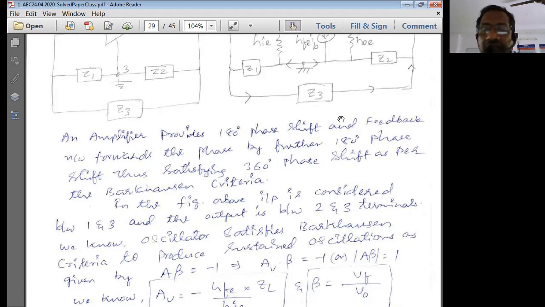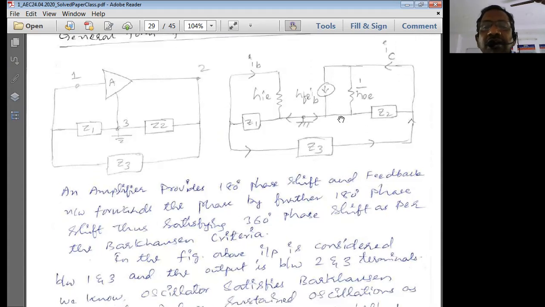So whenever we use CE, what is the thing we should keep in mind? The CE amplifier is always going to invert the input signal. That means it provides 180 degrees phase shift. If you apply input at 0 degrees, we get output at 180 degrees. That is the phase shift provided by the amplifier circuit. Right. So if this is providing 180 degrees phase shift, what is the Barkhausen criterion? Mod A beta is equal to 1 and the total loop phase should be equal to 360 degrees.